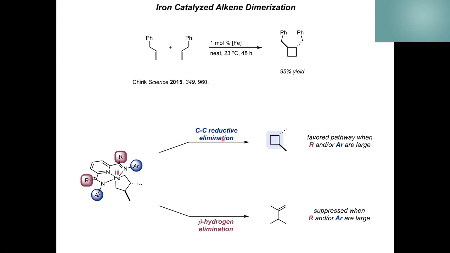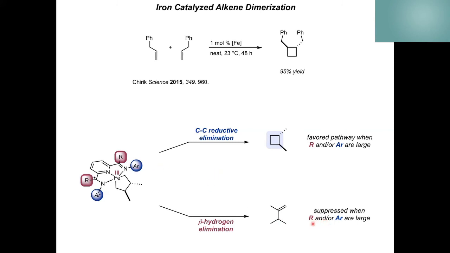One was carbon-carbon bond forming reductive elimination to form those cyclobutane rings. And that was favored when either the R groups in the back of this pyridine diimine scaffold were large, or substituents on these aryl rings nearer to the iron center were also large. So that steric bulkiness helped to enforce the desired CC bond forming reductive elimination.